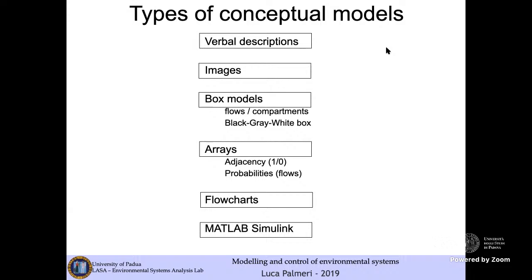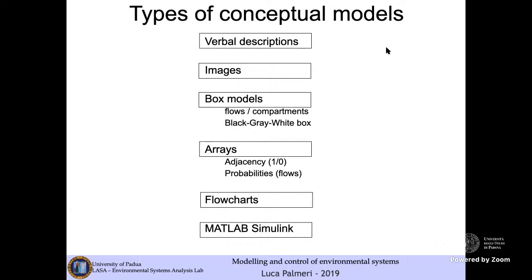So the first step in the conceptualization of a mathematical and in particular an environmental model is that of building a box and flows or flows and compartments model. At this point, we may immediately decide which part of the model are white box, which part of the model are black box, which part of the model are gray box.